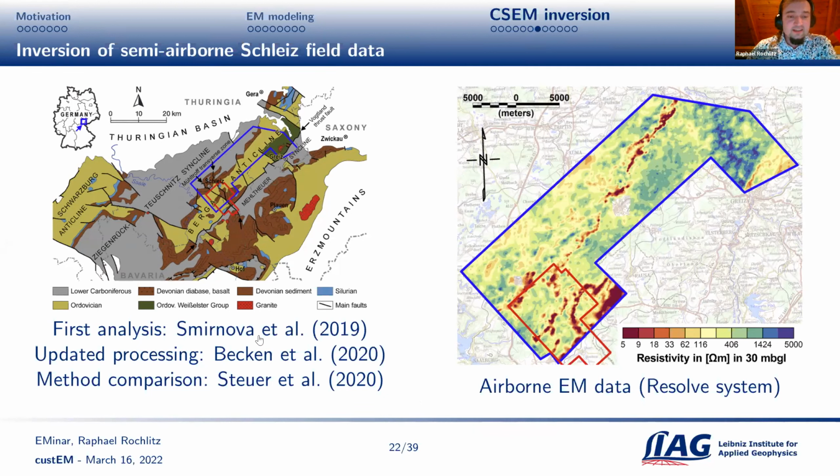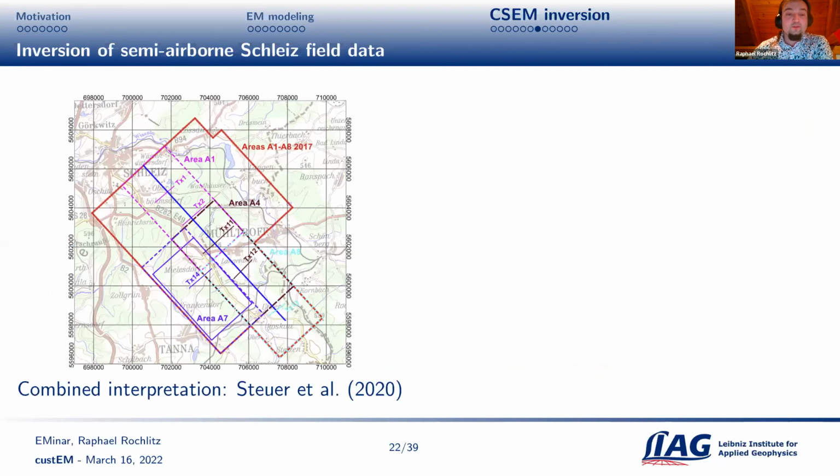After that, Michael Becken has updated the processing. So we have a kind of optimized processing algorithm for our data now. And with this, some 2D inversion data are also included in Annika Steuer's publication in 2020, who compares different electromagnetic methods on a profile in our area.